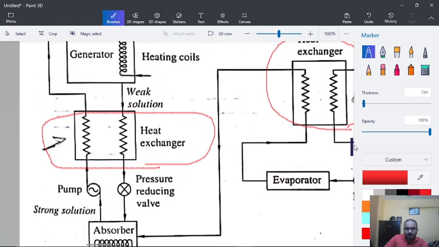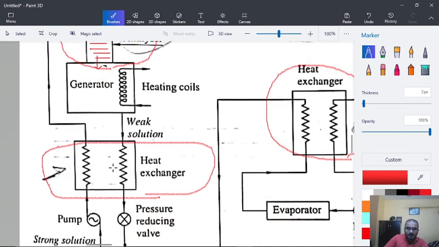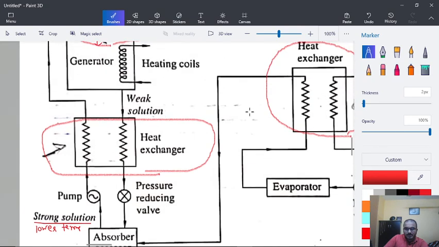Then let's focus on the heat exchanger. Here the strong solution is at lower temperature and the weak solution is at higher temperature. What we require is that the weak solution should be cooled and the strong solution should be heated.